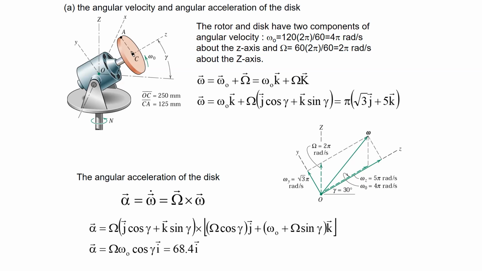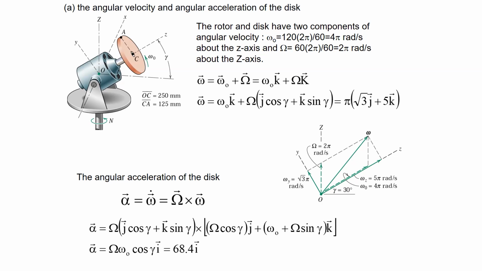Okay. So this omega naught refers to 120 RPM. This big omega, how much is that? 60 RPM, right? Yes. So the total assembly is rotating at 60 RPM. So these two should be added, but they are referring to two different systems. So you have to bring them to the same system so that you can do some operations.